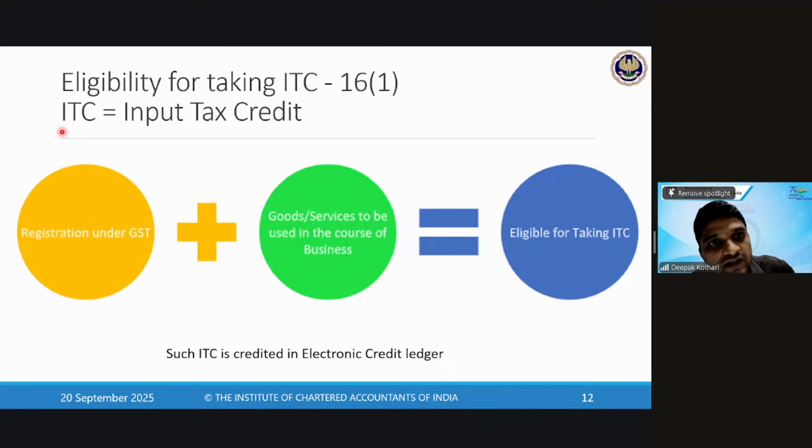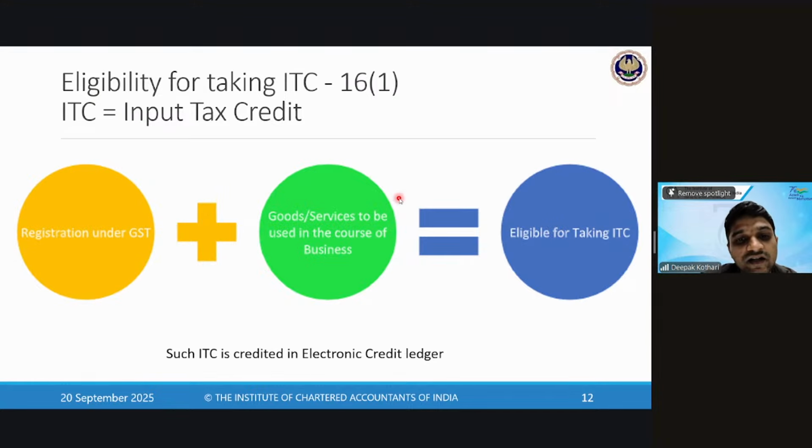Such ITC, whatever you are eligible for, how will you claim it? You will claim it by entering it in your GST returns. Once you enter it in your GST returns, then that credit will be available to you. So you log in and claim it in your return.